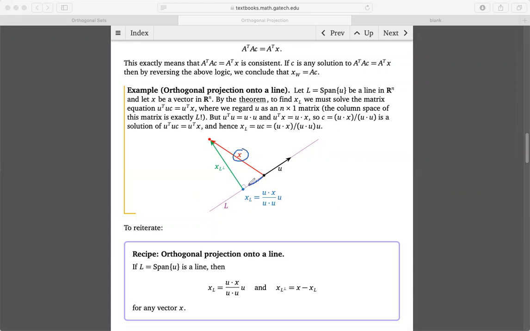One component goes in this direction, and the other component goes in this direction. And the goal is to find this component. The reason we want this component is because if we take x and subtract off this component, that'll leave us with the orthogonal component.